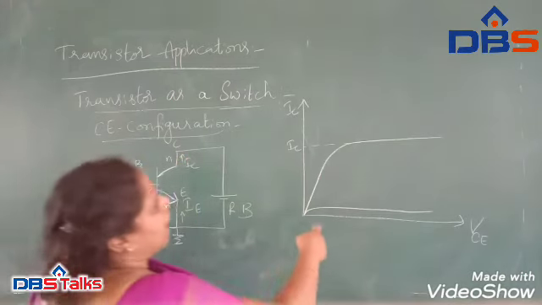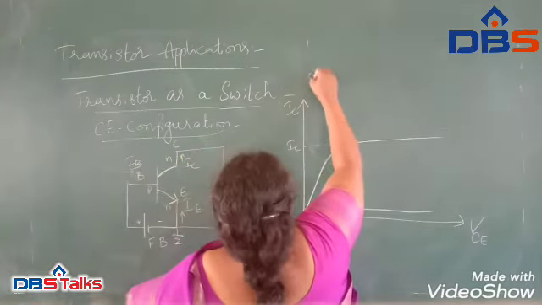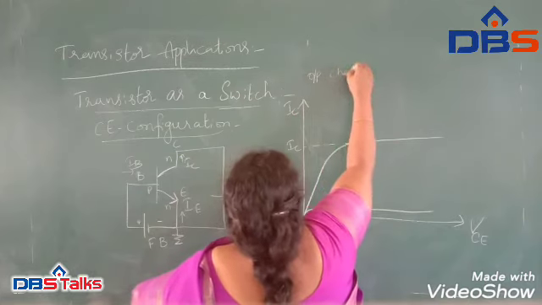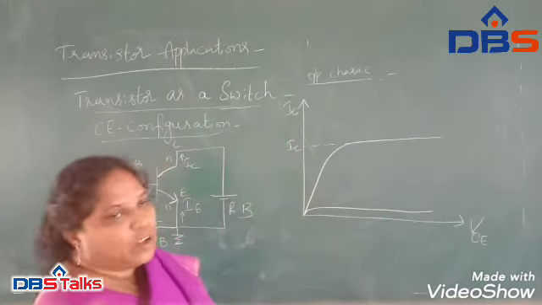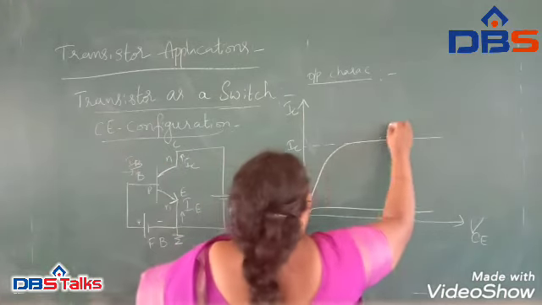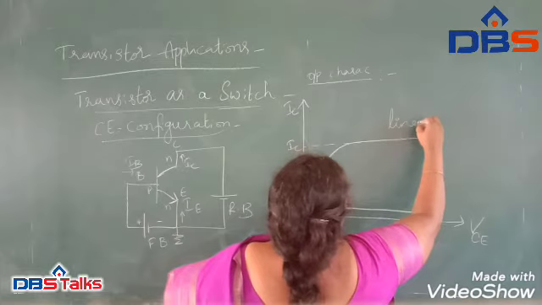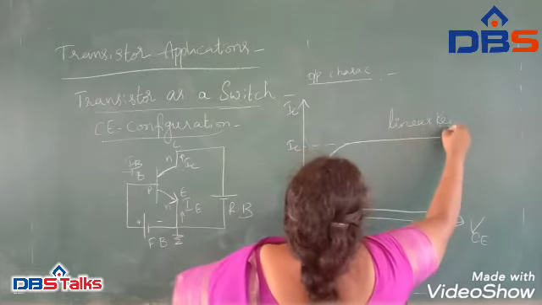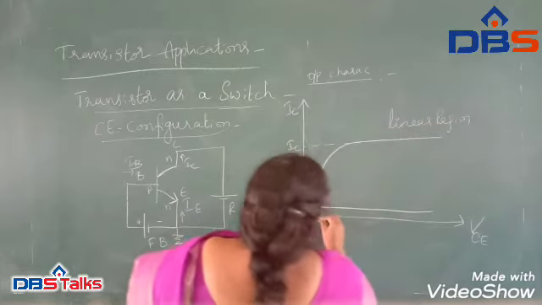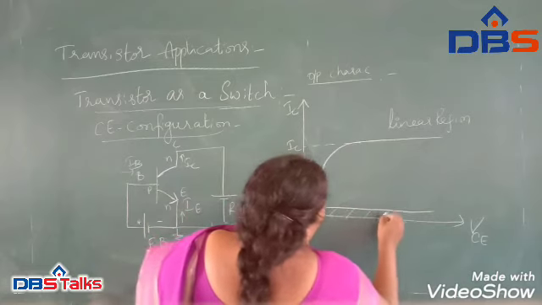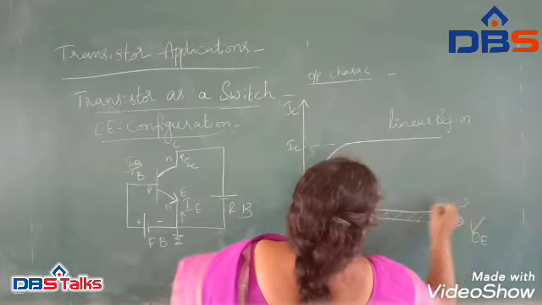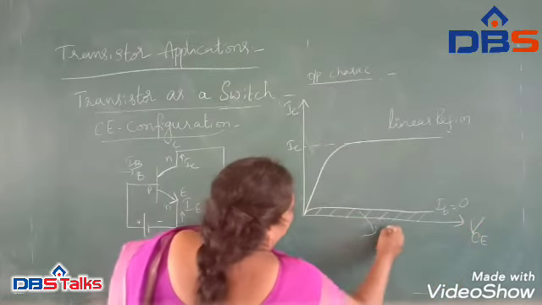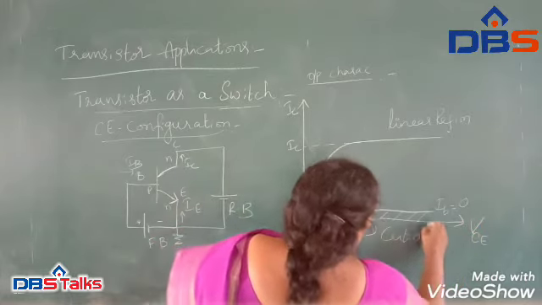So simply I will consider here the output characteristics of the CE configuration. This is the linear region, and up to this is IB equal to 0. So this region we can consider the cutoff region.